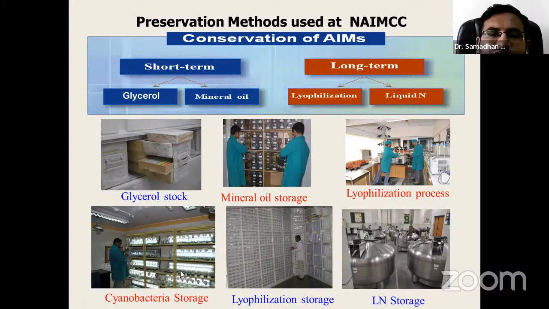Generally they are stored as live cultures, which you can see in this flask. This is lyophilization storage, where cultures are kept in ampoules and stored at room temperature. Then liquid nitrogen storage: these are the cryogenic tanks, and in these tanks the cultures are stored.